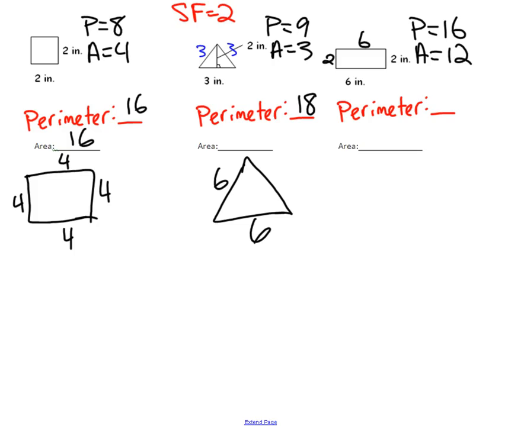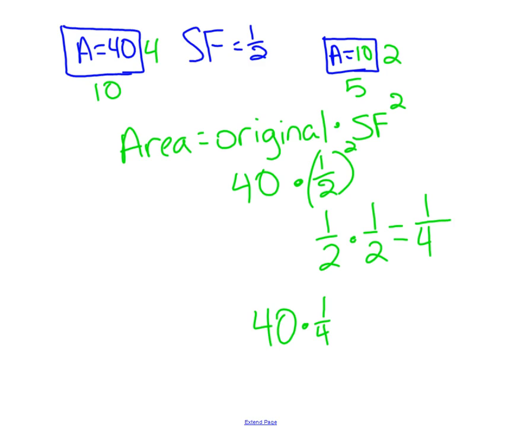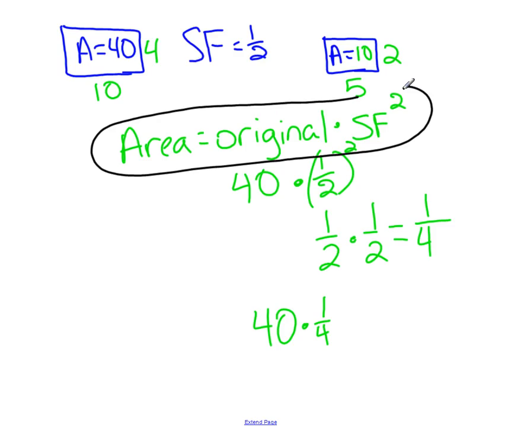Okay, how about the area? What would happen to that? What would we multiply our area by? And don't say 2. Times the scale factor squared.